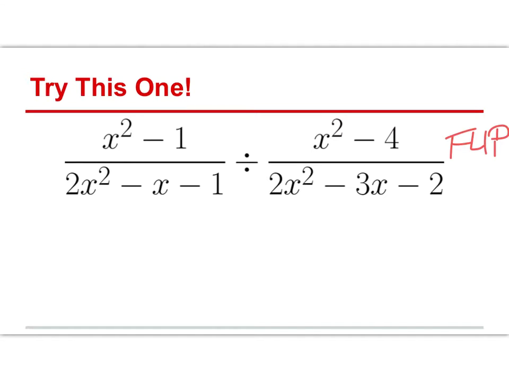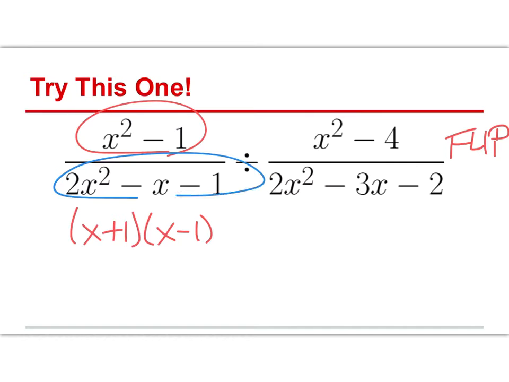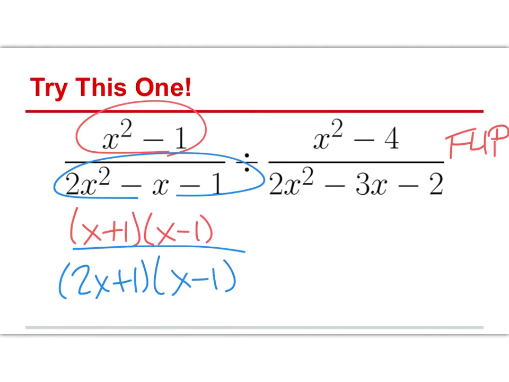We'll kill two birds with one stone. x squared minus 1 factors as x plus 1 times x minus 1. 2x squared minus x minus 1 is going to be 2x plus 1 times x minus 1.